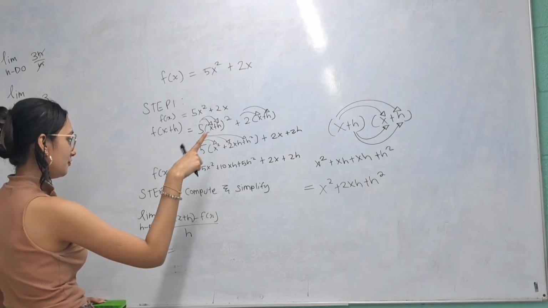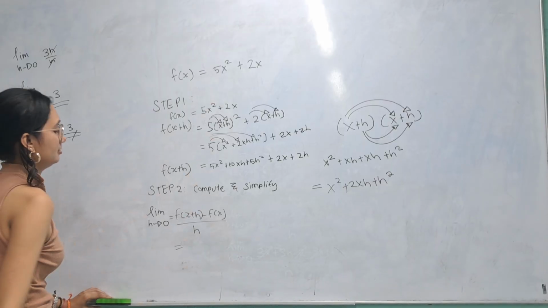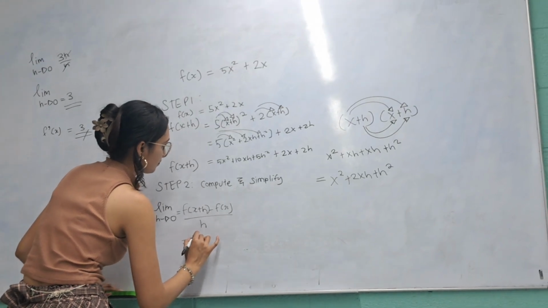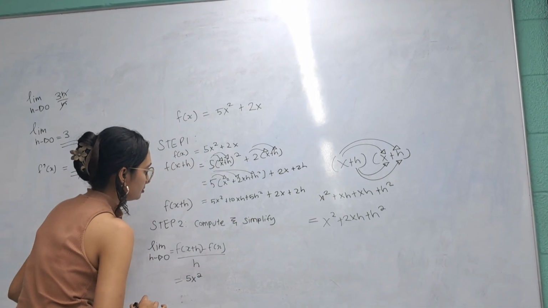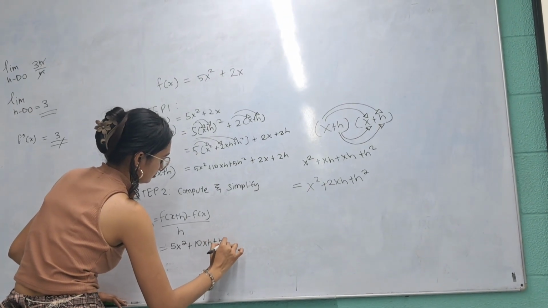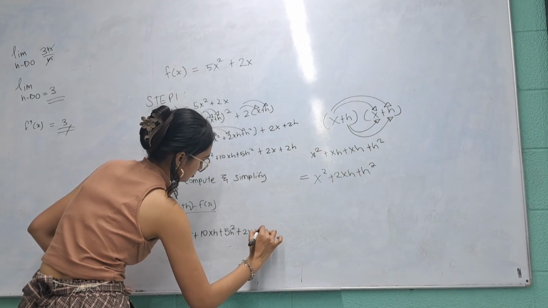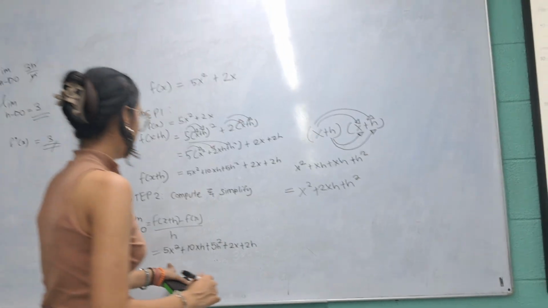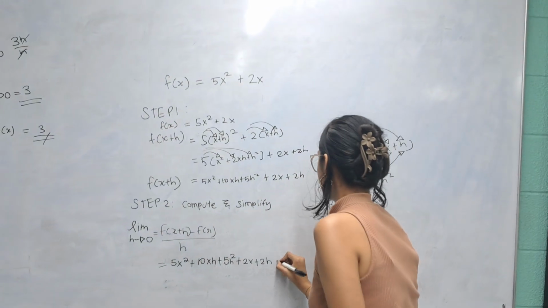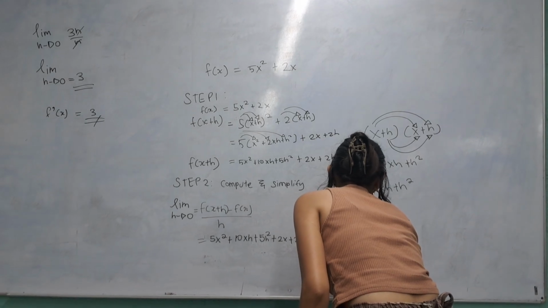So as we know, our f of x plus h is this long expanded formula, and then our f of x is 5x squared plus 2x.